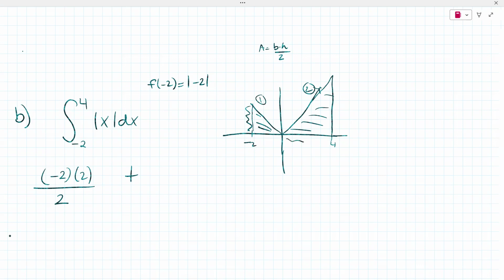So this part here, what's the base? 4. What's the height? I believe it's going to be the absolute value of 4, which is 4, all over 2.